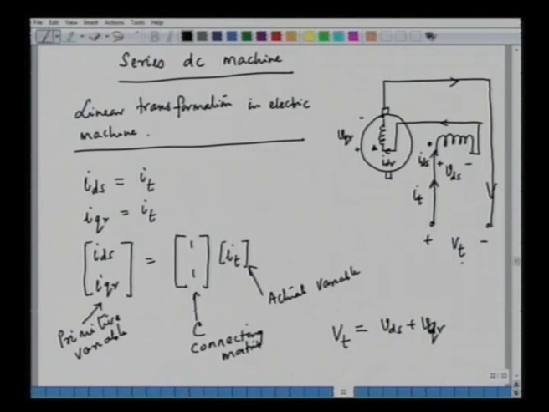So if you have the transformation matrix that is C, you can write down the equation of a primitive machine from the Kron primitive machine model, and using the linear transformation you can get back the variables in the actual machine variables. Now in this case it is a series motor and the machine variables are IT and VT. These are the actual variables VT and IT. So we have to find out the torque and the voltage equation in terms of the actual variables.